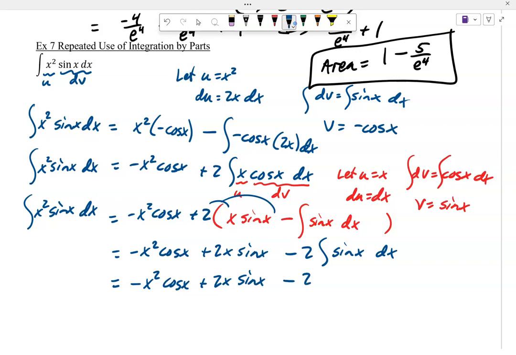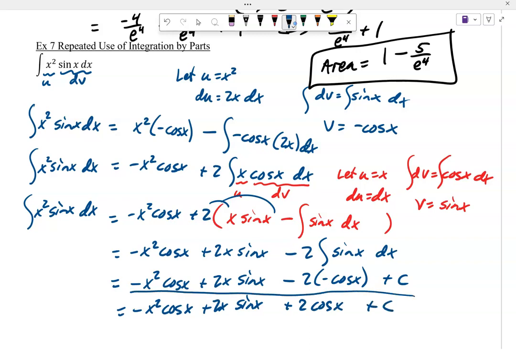And then I take the integration of the sine, which is negative cosine. So just note, you guys, be careful not to interchange the substitution in successive applications of that integration by parts.